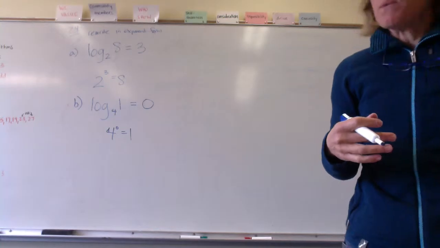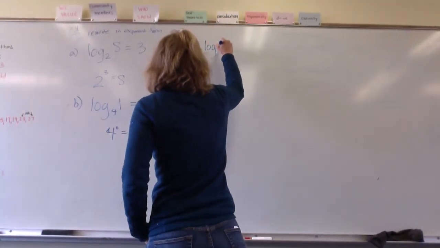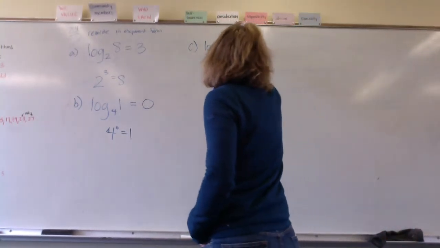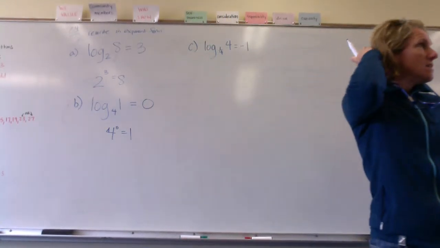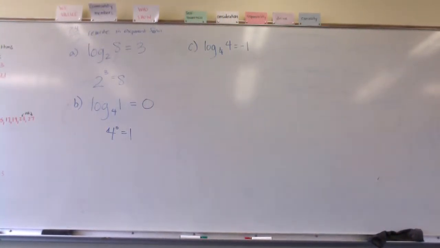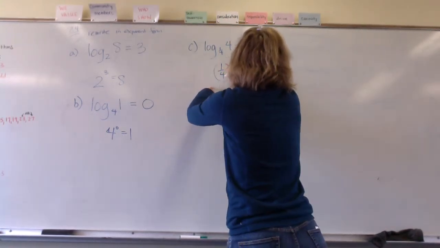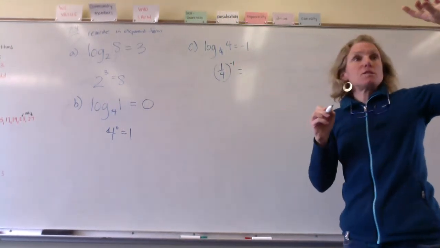Oh, here's a tricky one. Let's do this one actually. Let's just remind ourselves. My base is 1/4, my exponent is -1, right? And what does a negative exponent tell you to do?